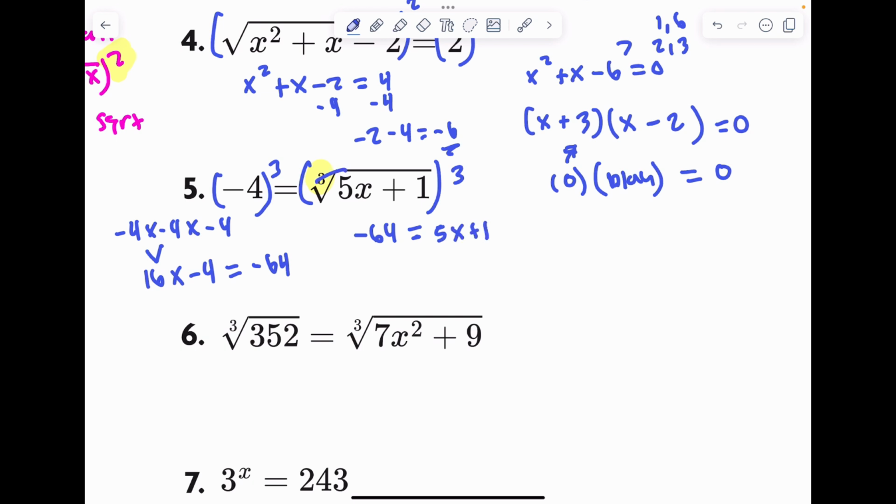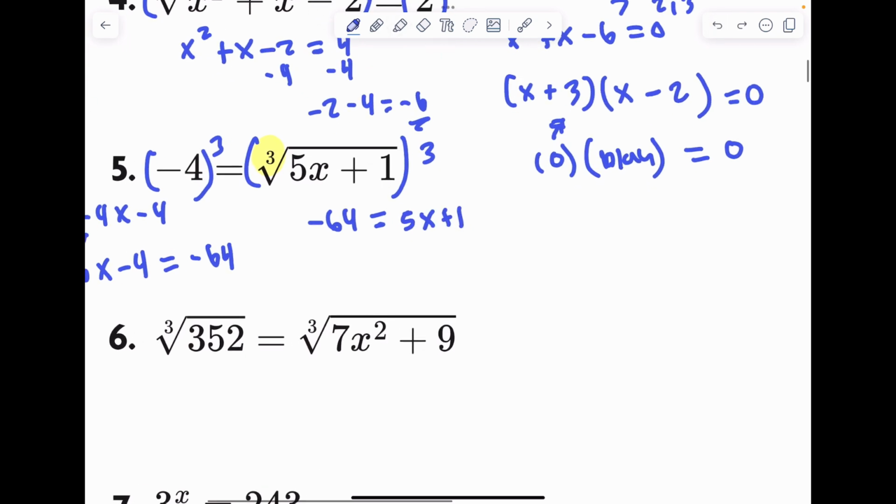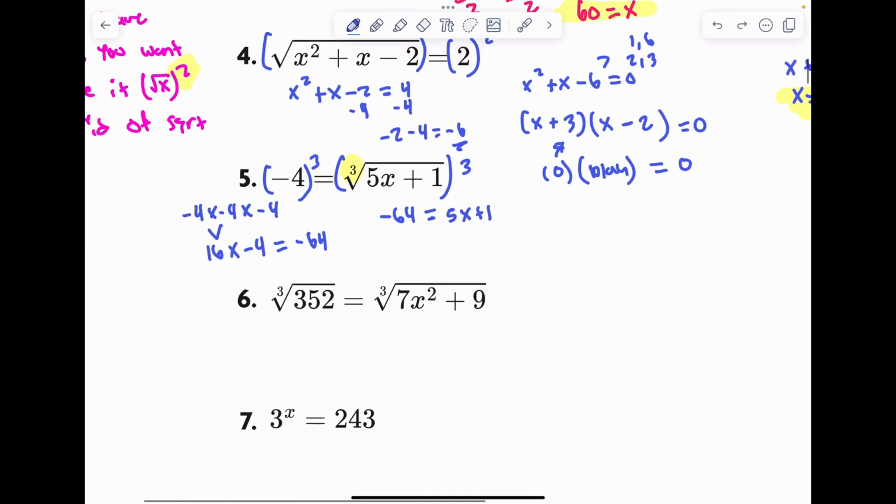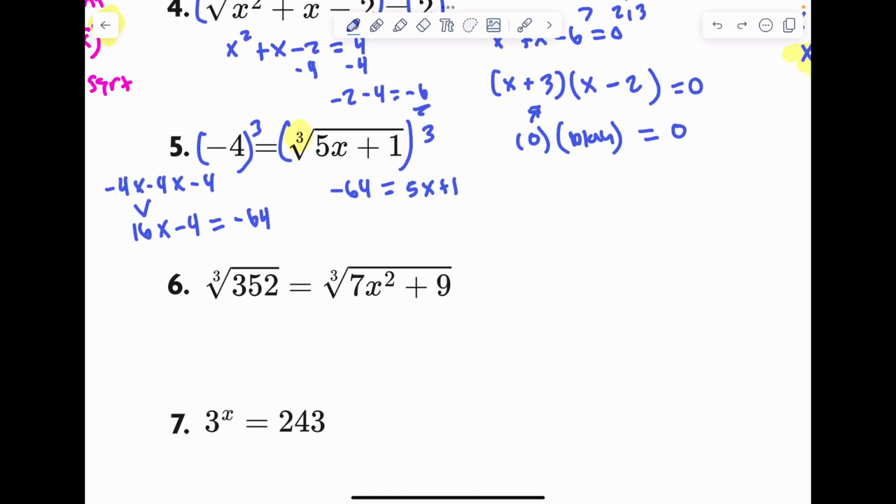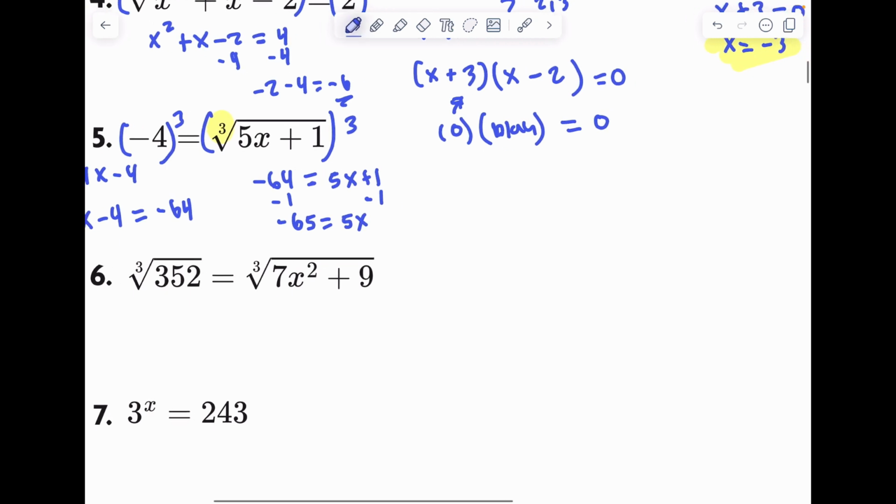Right? This kind of root kind of goes away essentially. Now it becomes a really simple problem. We just keep on isolating x. So I subtract 1. So I get negative 65 is equal to 5x. Okay? Now, once I'm there, negative 65 is equal to 5x.